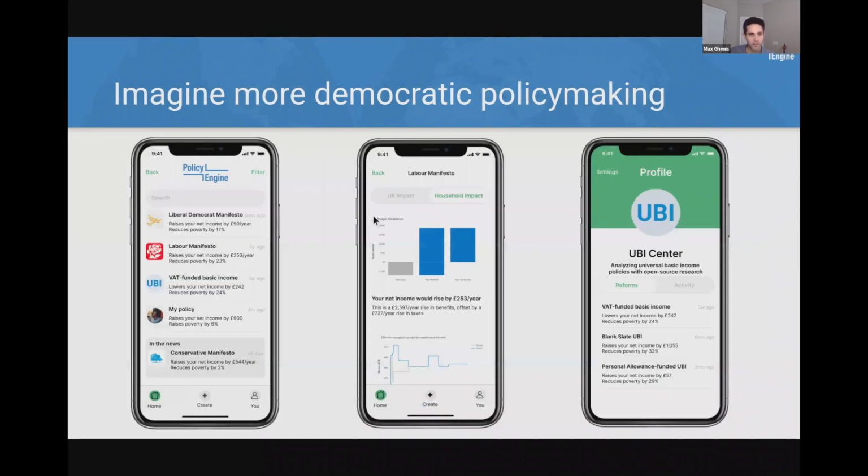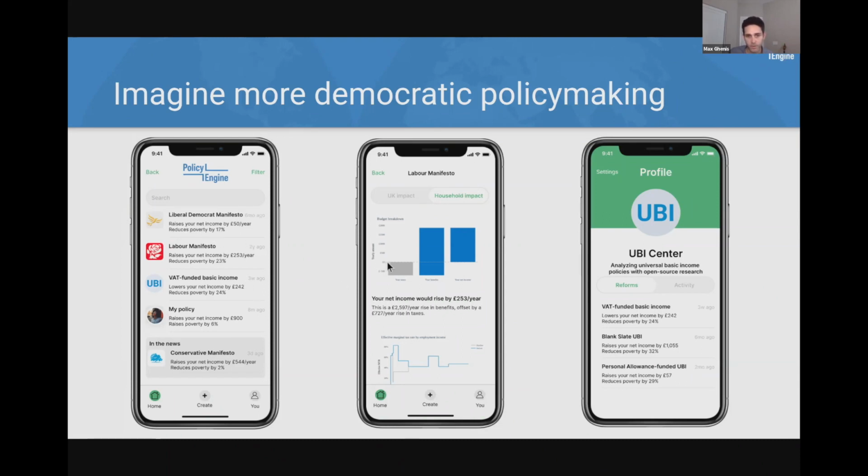And where does this go ultimately in terms of the product experience? Well, at PolicyEngine, we want to build an app with a much more democratic, participatory approach to policymaking. You open your app and see policy ideas from policymakers like political parties, think tanks, or individuals, and we're all having the same data-oriented, personalized conversation around how those policies affect both you as an individual as well as society.